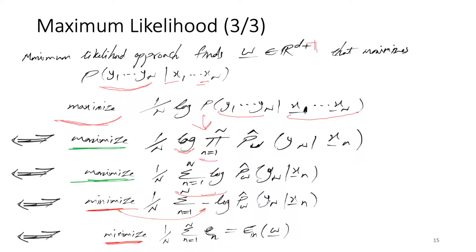And that itself is the summation of all pointwise errors, which is the loss function. Okay? This was W.